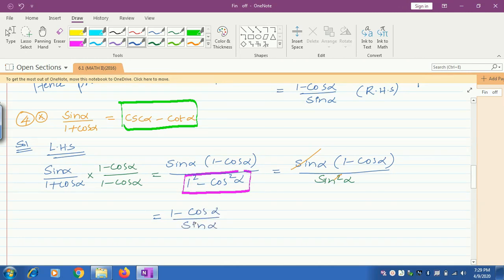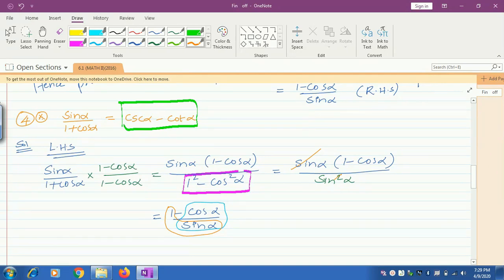So we stopped up to this in the last one, since the right hand side is given in this form. But here you have a different format. So I have to separate the numerator. I can separate 1 over sine, and then I can separate cosine alpha over sine alpha. So what is the remaining?